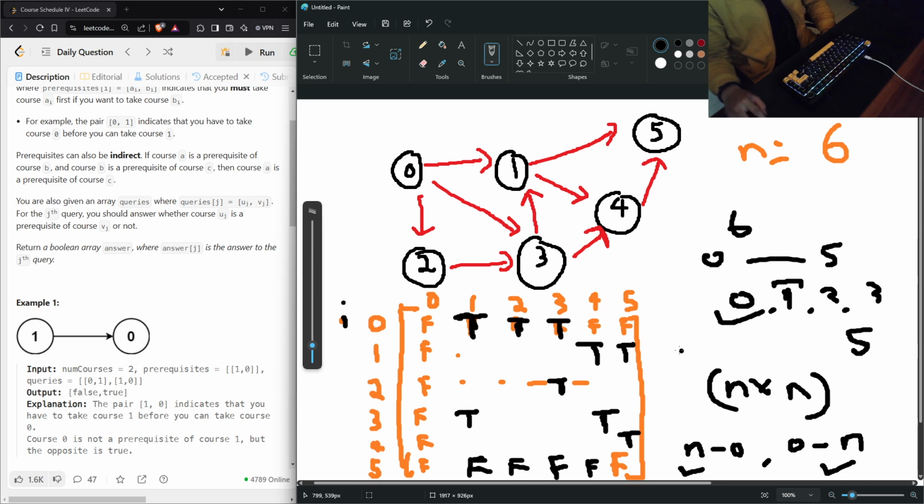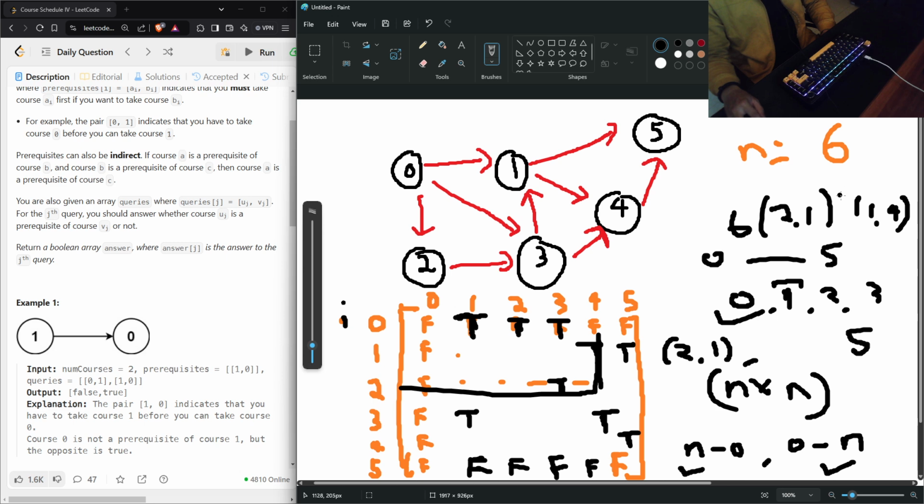What would that mean is, we're 100% going to need a connection between 2 and 1. That should be true in this matrix. 2 and 1 should be connected, and then again, since we want to find a connection between 2 and 4, 2 via 1, there should be a connection between 2 and 1, and then there should also be a connection between 1 and 4. So both these values should be true. So this should be an AND condition.